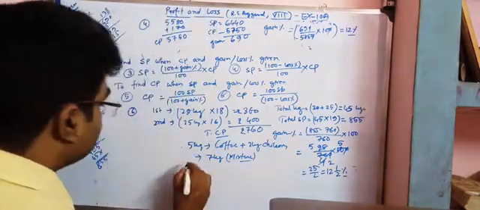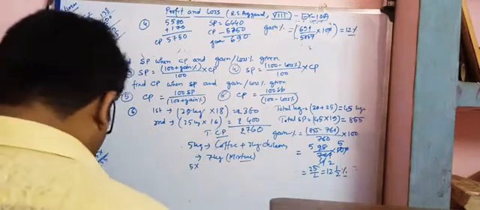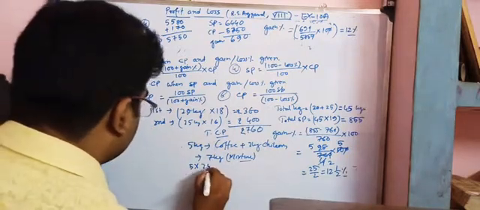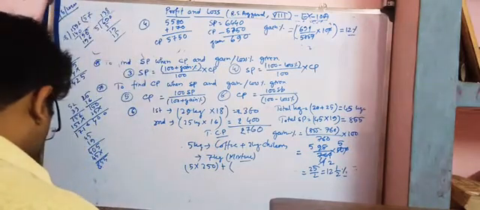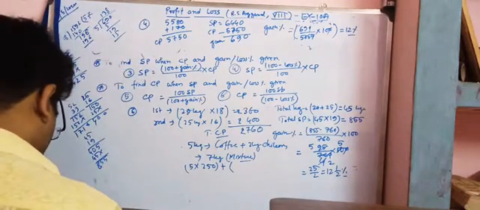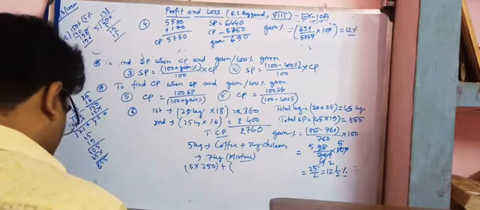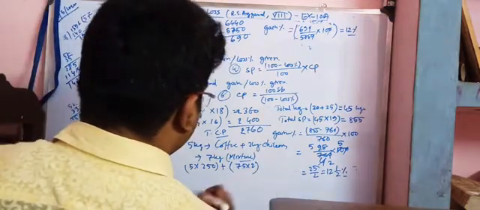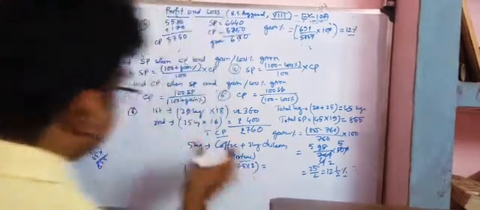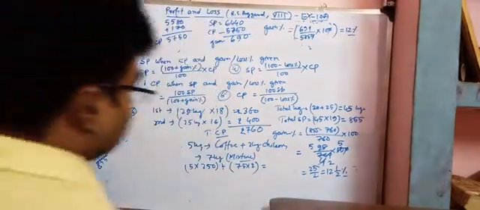I am giving you the hint. 5 into 250 plus 2 into 75. So there will be one result, and that is my CP.